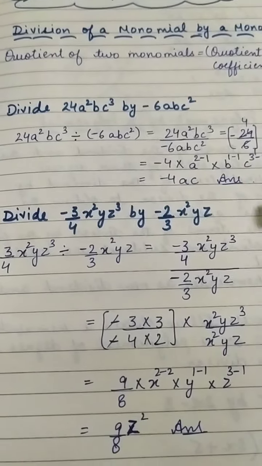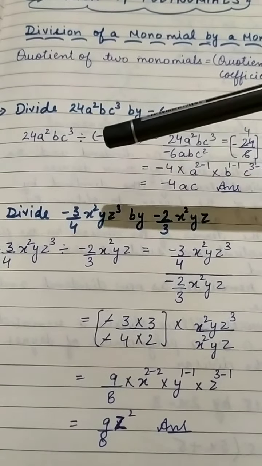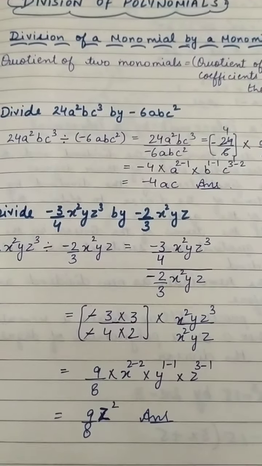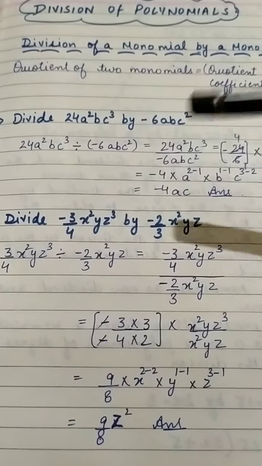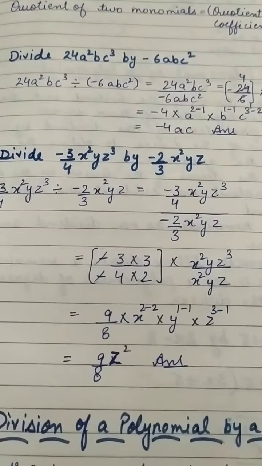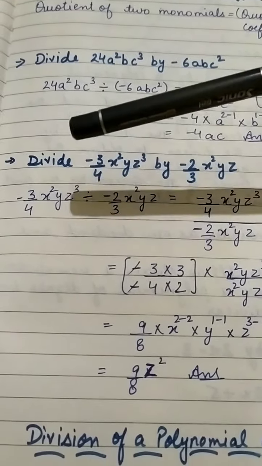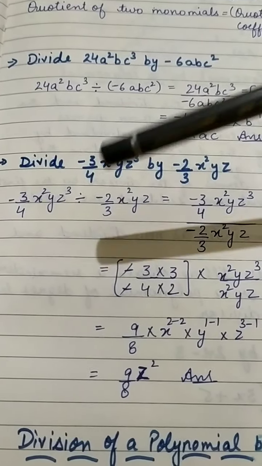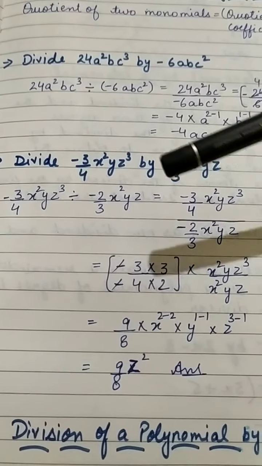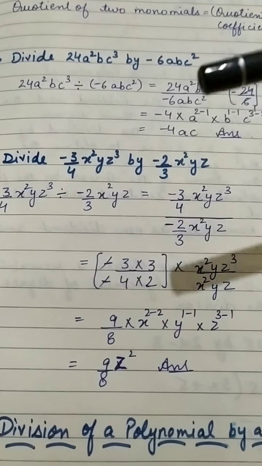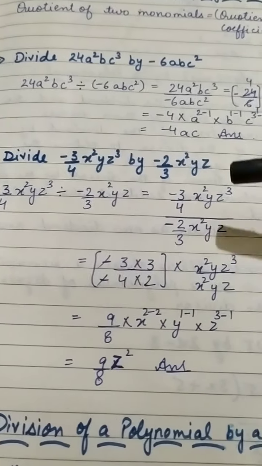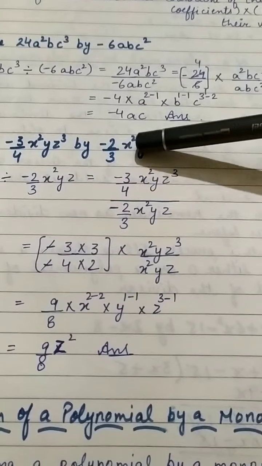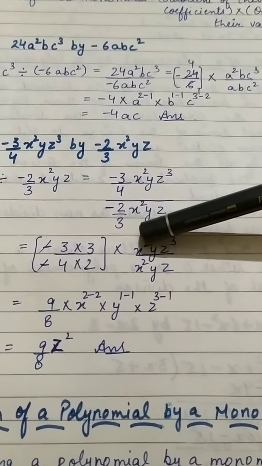Clear? Now let us take one more example of monomial by monomial. This term is a monomial and this is also a monomial. So minus 3 upon 4 x square y z cube divided by minus 2 upon 3 x square y z. We will write it in the upon form, minus 3 upon 4 upon minus 2 upon 3.